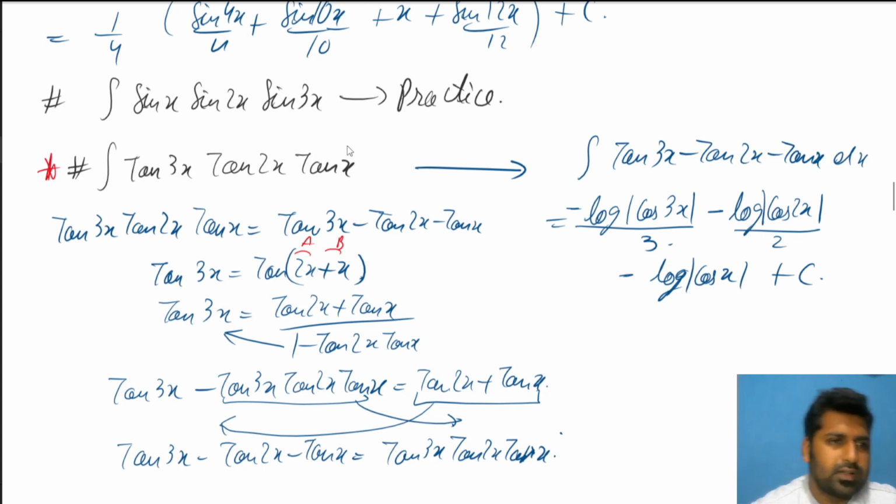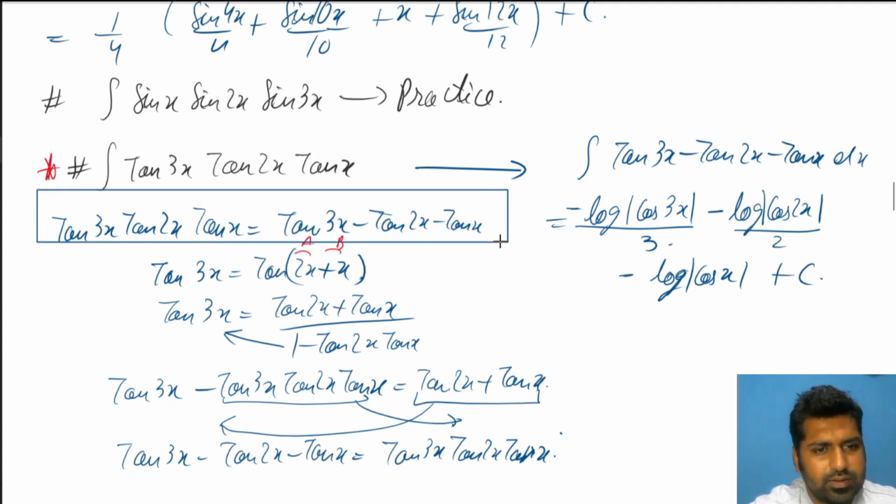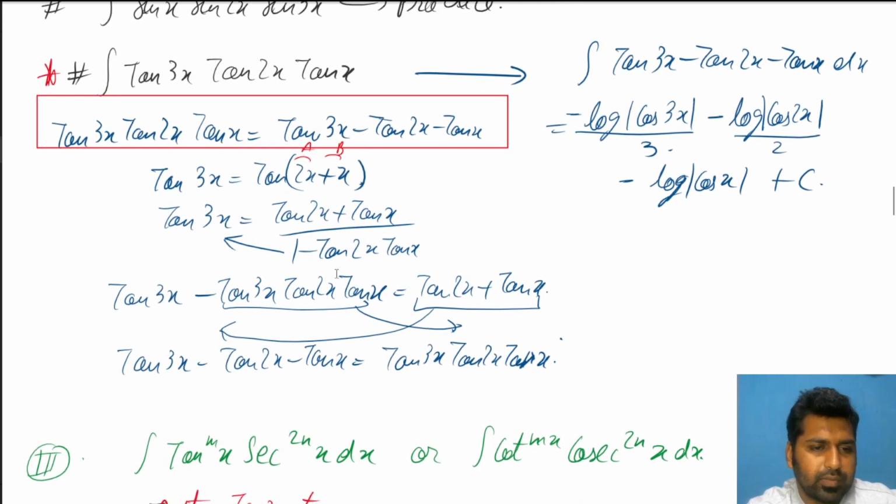This is not exactly a property, this was a question we did in Trigo. So we have used that question, but that's a very interesting result, that the product is directly broken into this, but this combination exists for only 3x, 2x, x, or double of it, 6x, 4x, 2x, like that. All right, that covers your second form.